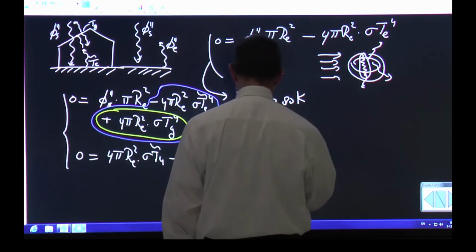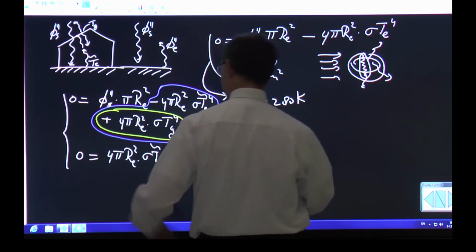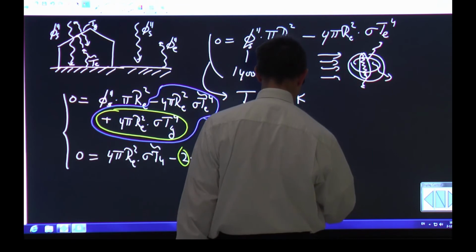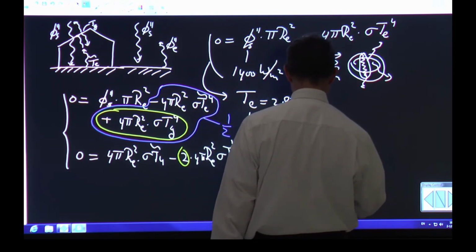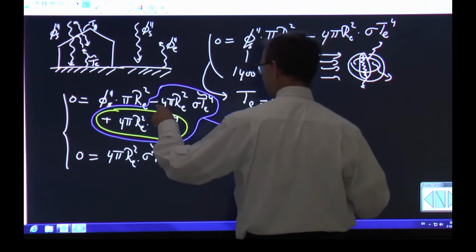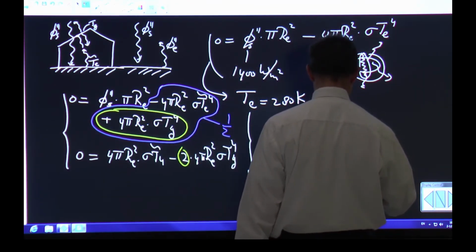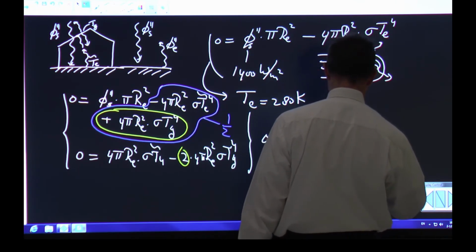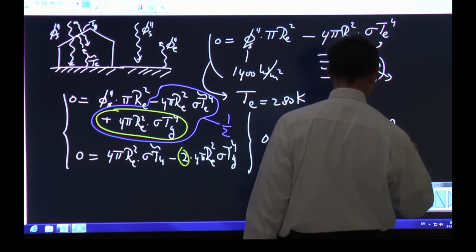So in my very coarse basic model, I get that 0 equals the influx from the sun minus a half times 4 pi Re squared sigma times the new temperature of the Earth to the power 4.